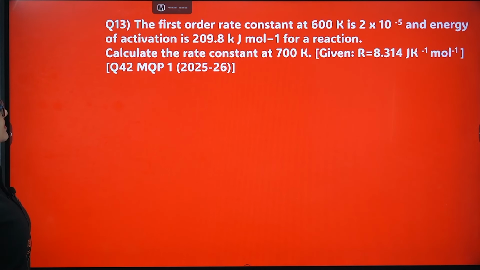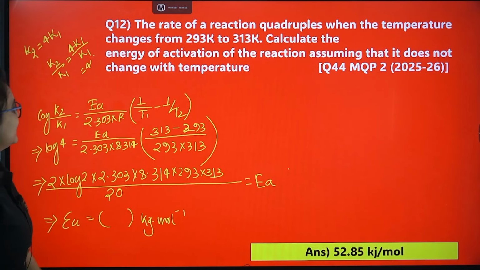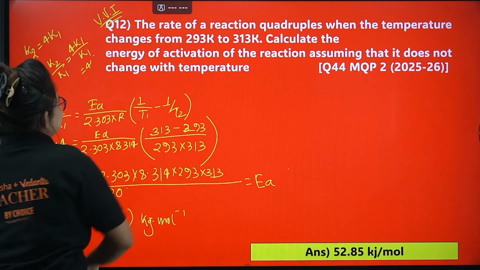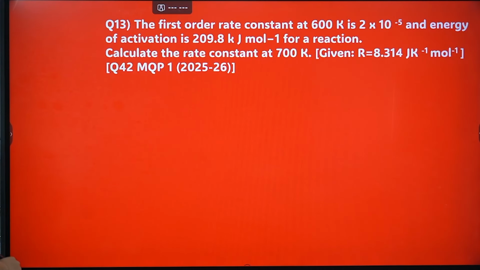The first order rate constant at 600 Kelvin is 2 into 10 power minus 5. Okay, one more thing, again this problem is also very, very important. The first order rate constant at 600 Kelvin is 2 into 10 power minus 5, and the energy of activation is also given. Calculate the rate constant at 700 Kelvin.